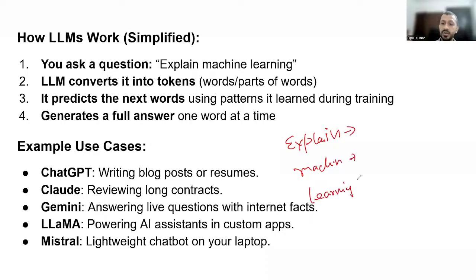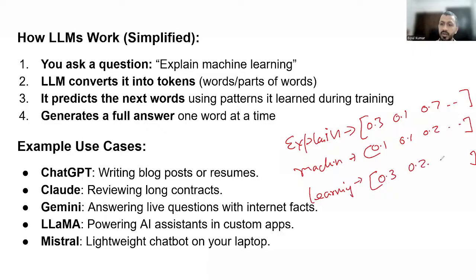Now these models will convert this into a numeric form. There is a numeric vector for each word that is already stored in the word vector, like 0.3, 0.1, 0.7 kind of thing. So all these words have some numeric vector. How these numeric vectors are defined, I'll tell you, don't worry about it. So 0.2, 0.6, like this.